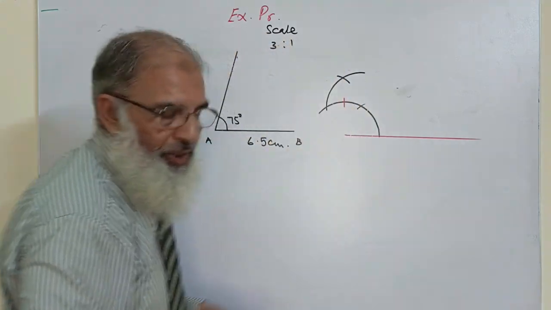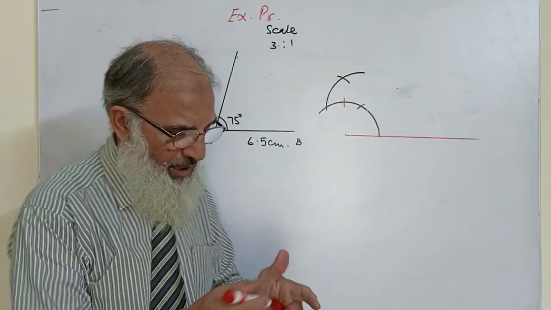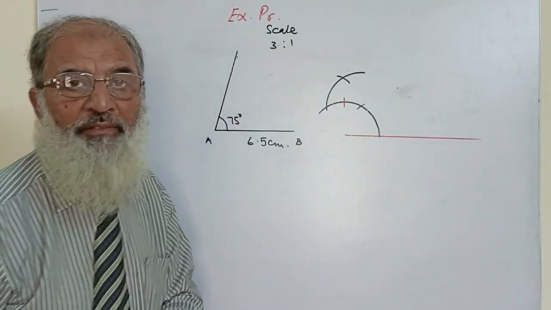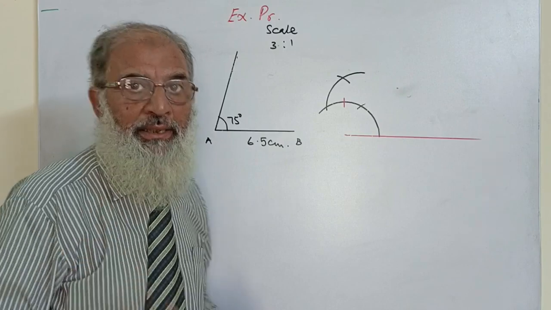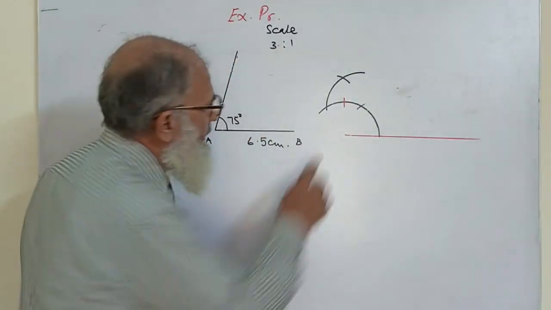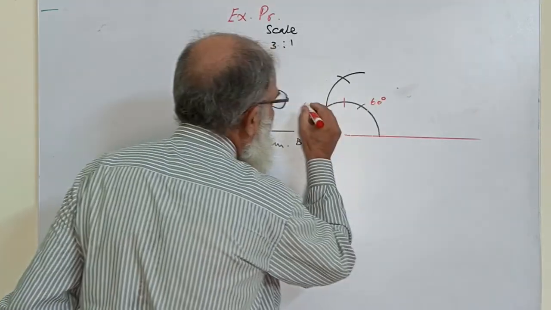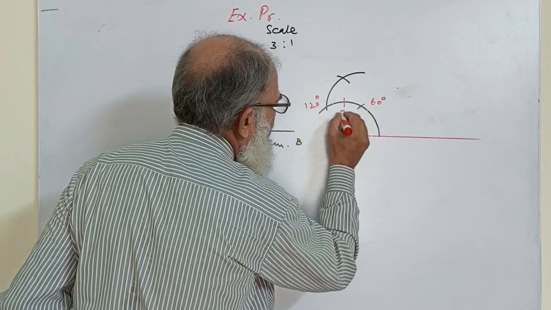We don't need to draw it in full because we want to draw a 75 degree angle, and you know the 75 degree angle is between 90 and 60 degree. Now this angle is 60 degree, this is 120 degree, and this is 90 degree.